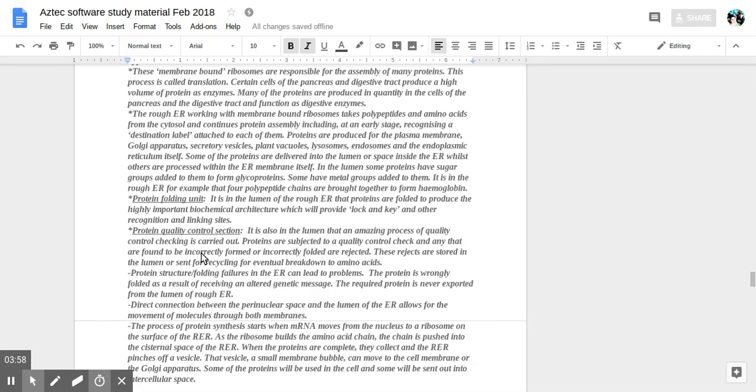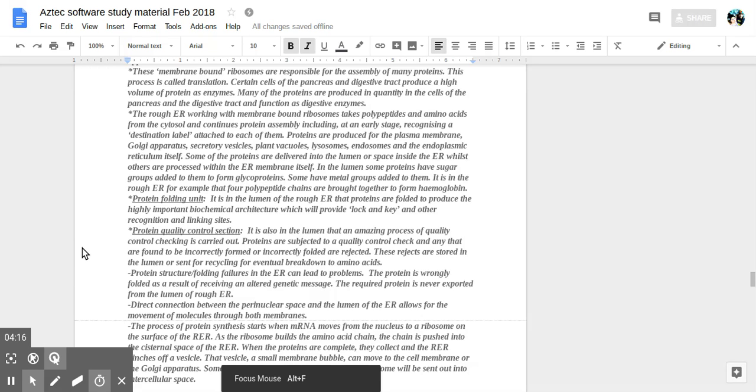Proteins are subjected to quality control check, and any proteins found to be incorrectly formed or incorrectly folded are rejected. The rejects are stored in the lumen or sent for recycling for eventual breakdown to amino acids, the subunits of proteins.